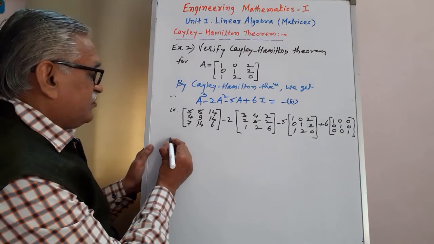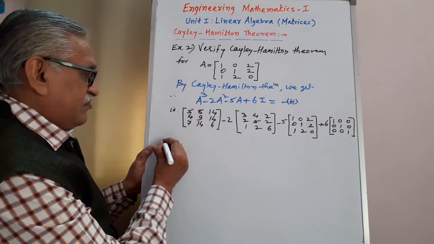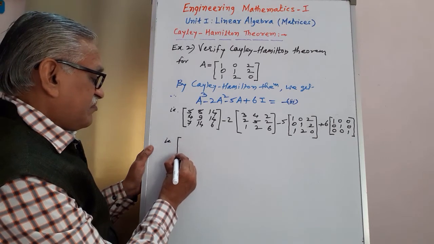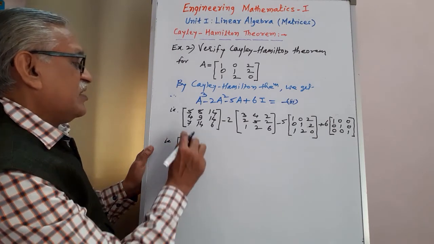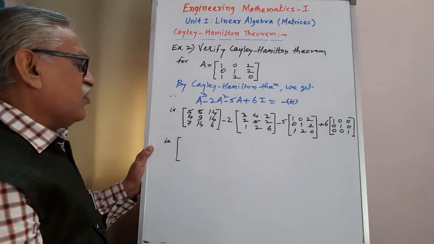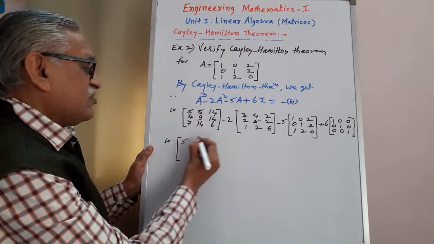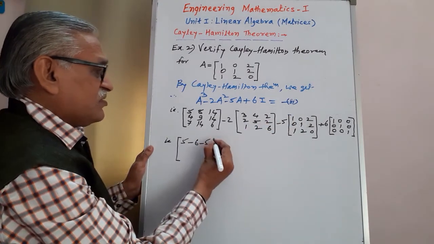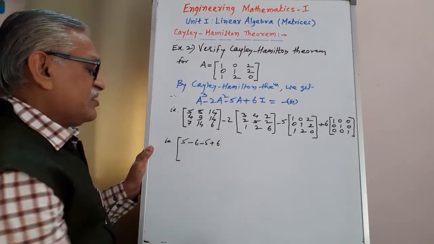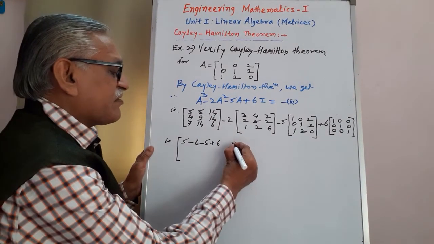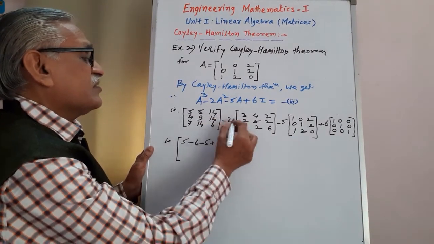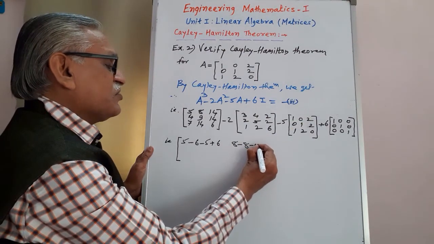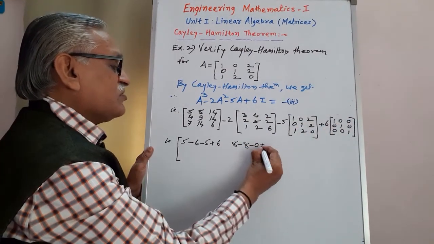It is equal to, that is, addition of the first element of all, 5 minus 6 minus 5 and plus 6, first element. Then 8 minus 8 minus 0 and plus 0.